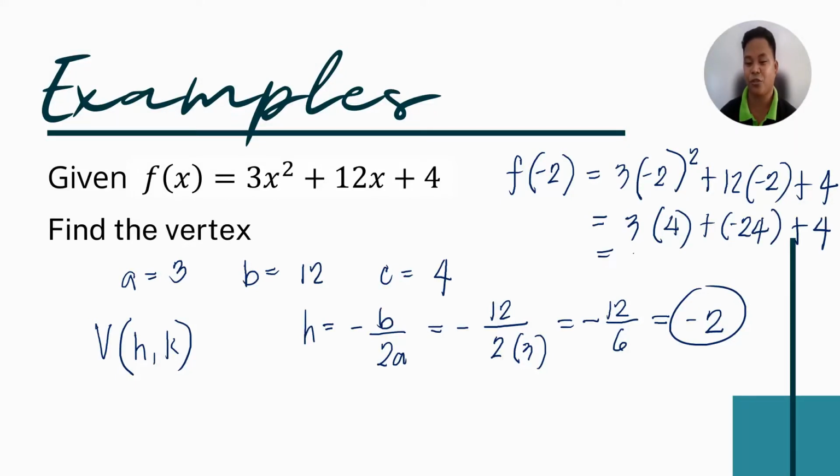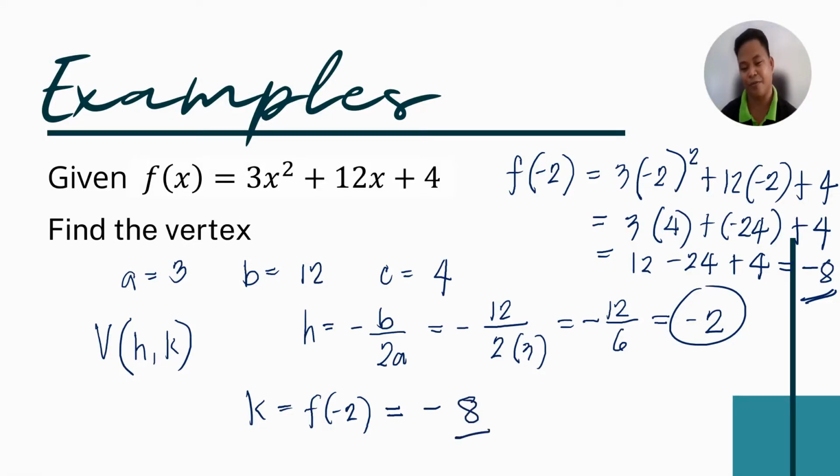Then we have 12 minus 24 plus 4 is equal to negative 8. Therefore, k is equal to f of negative 2, which is equal to negative 8. Therefore, the coordinates of the vertex is at (negative 2, negative 8).